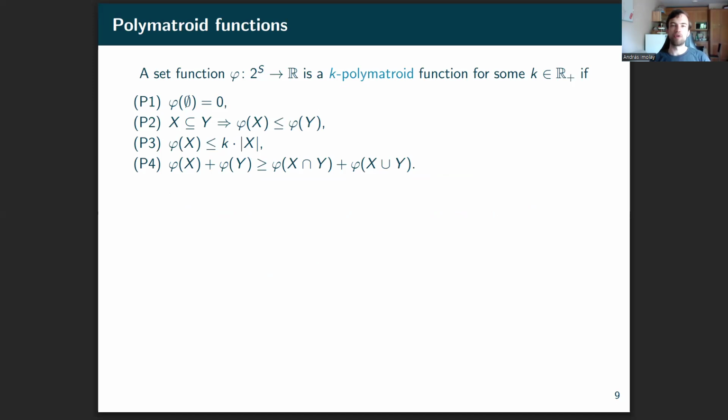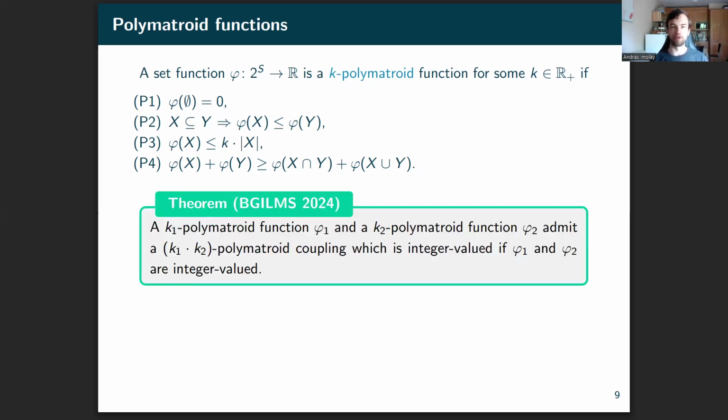Okay, and some more, we generalize this theorem to other kinds of set functions. First, for K-polymatroids. A K-polymatroid is almost the same as the matroid rank function, except for the third axiom. So it is not subcardinal, but the cardinality times K bounds the function value. And for a K1-polymatroid function and a K2-polymatroid function, there exists a K1 times K2 polymatroid coupling.